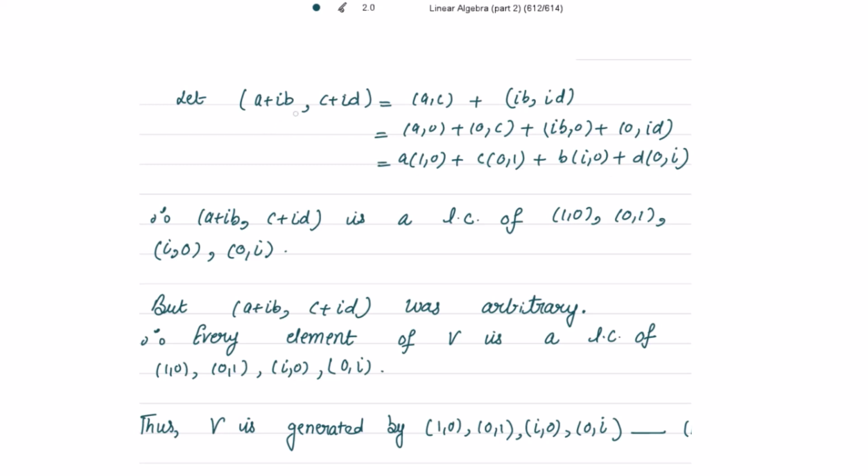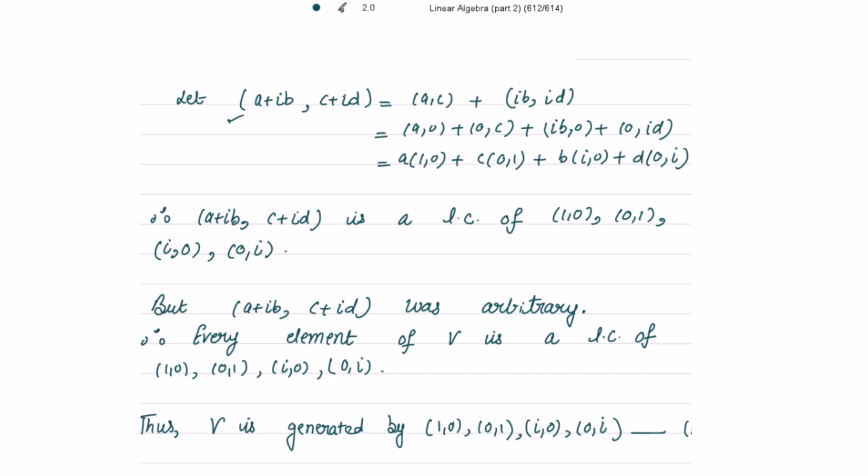So (a + ib, c + id) can be written as a linear combination of these. But this element is arbitrary, which means every element of V can be written as a linear combination of all these. Yes, which means V is generated by all these vectors.